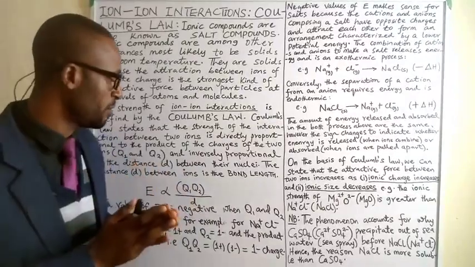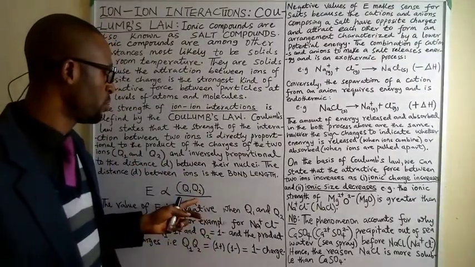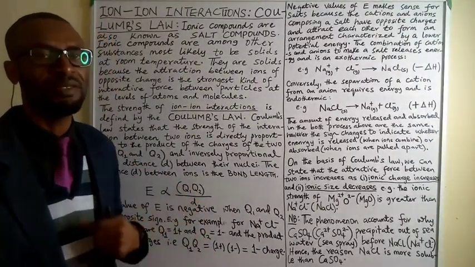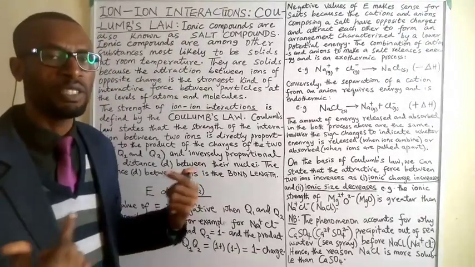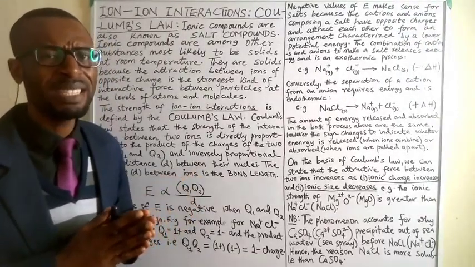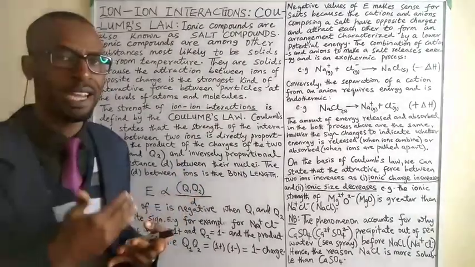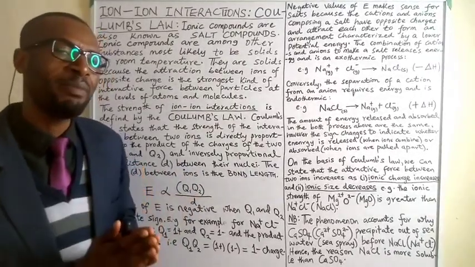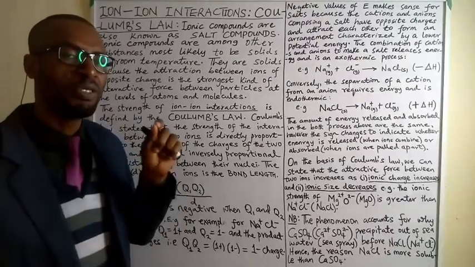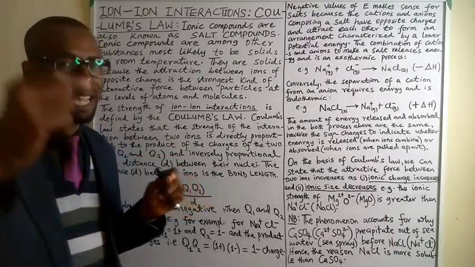Some textbooks will write this as R squared, the radius of the two interacting ions. The radius of an atom or an ion is the distance between the nucleus of that ion and the outermost shell.